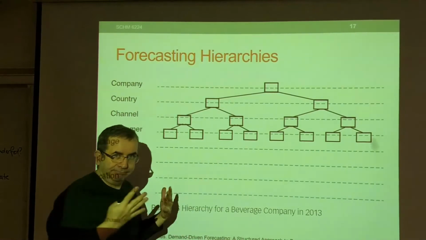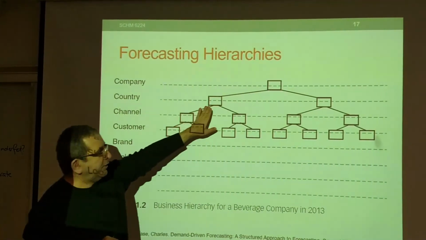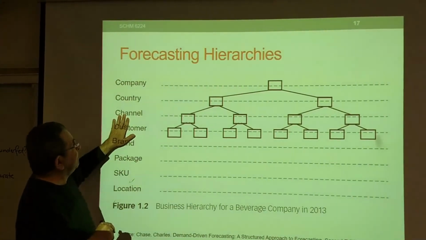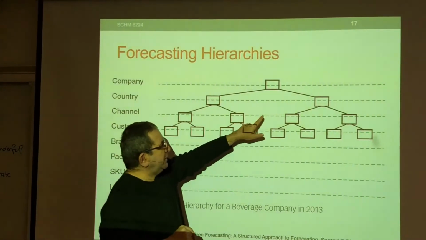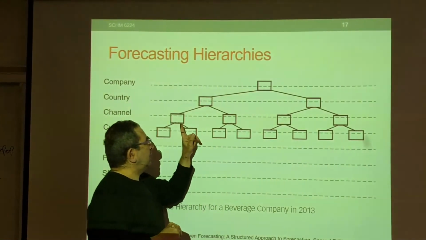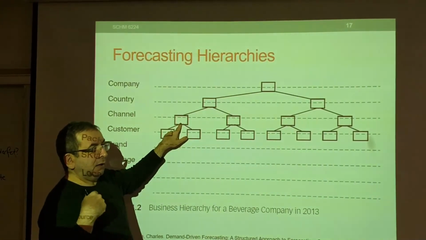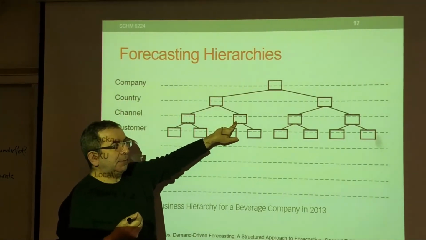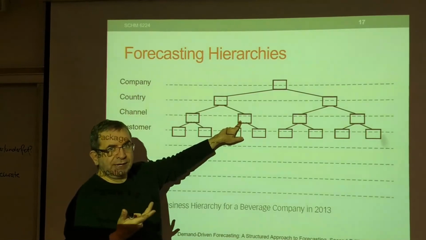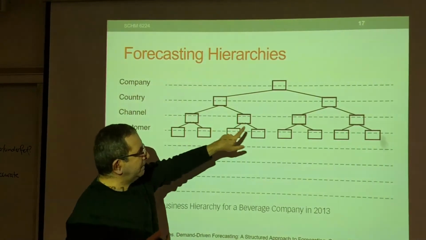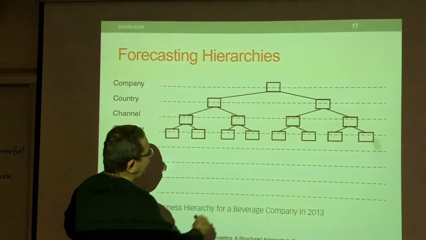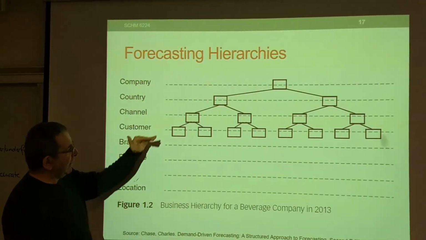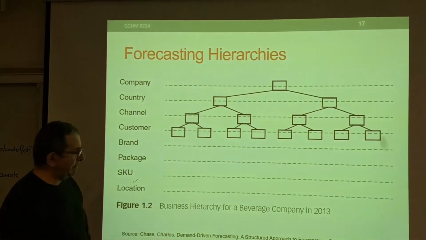Okay, for example. So you have two countries, and then in each country you could have multiple channels. This could be the online e-commerce channel, and this could be the brick and mortar channel through retailers. Okay, in each country. And then so on and so forth. You break down your forecast into different levels of hierarchy.